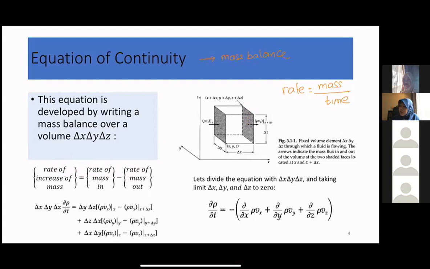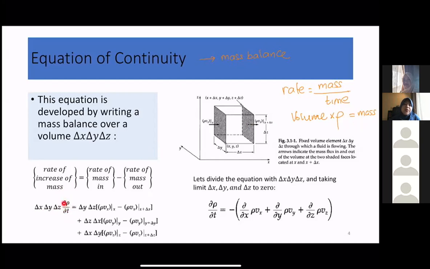So that means the rate of increase of mass would be the volume of this element multiplied by the change of density over time.